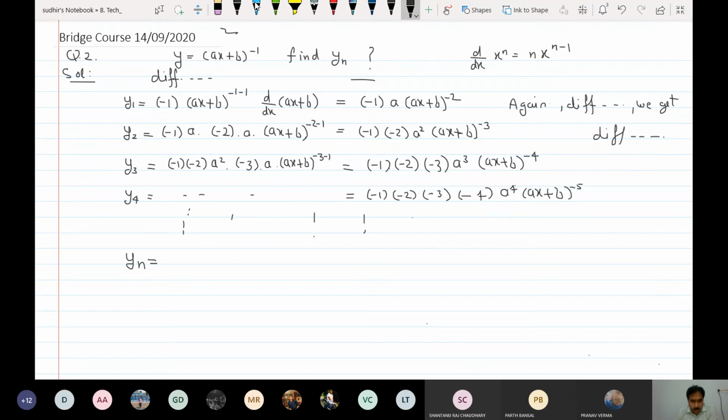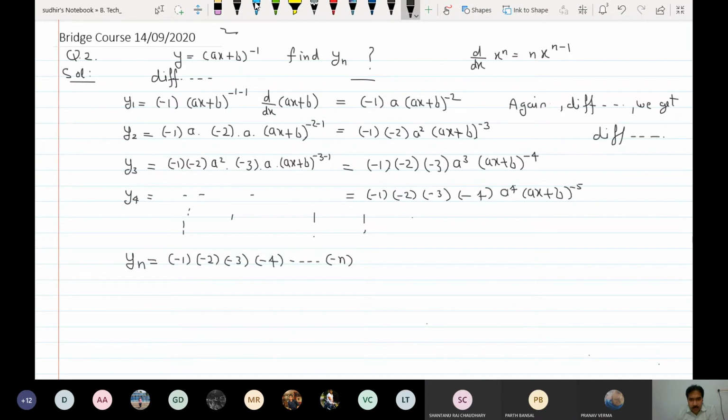So you can see that these numbers, in y1 we have minus 1, in y2 we have up to minus 2, in y3 we have up to minus 3, in y4 we have up to minus 4. So in yn we'll have up to minus n. So we can write yn as minus 1, minus 2, minus 3, minus 4, and so on up to minus n.